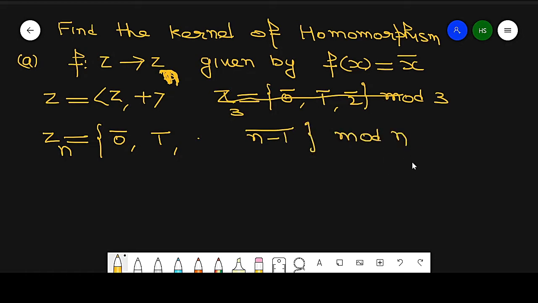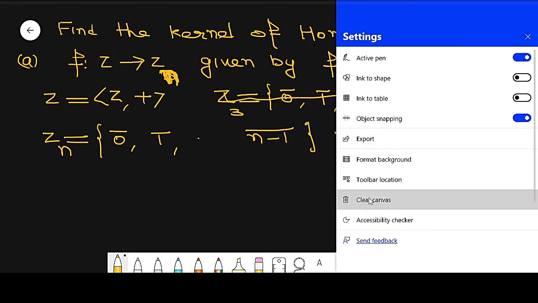So first find the value of Zn. What is the kernel of f? To find it, I take some element x which belongs to the kernel of f. What is x? x is an integer.